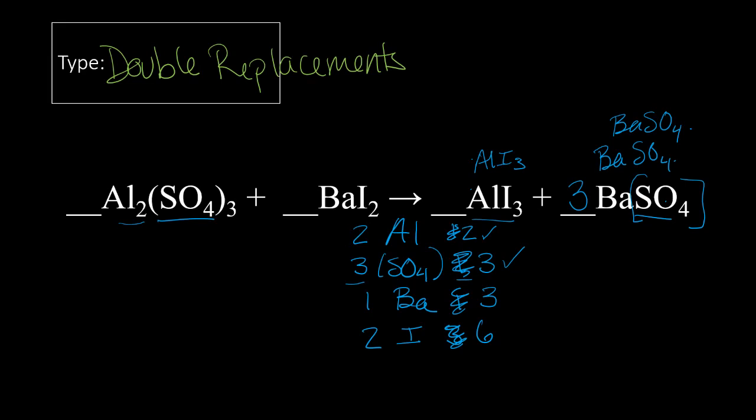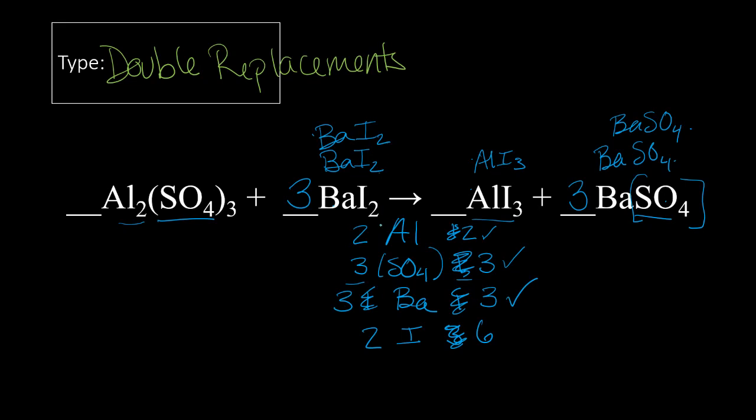little off. Well, my barium and my iodine are partners on the left, and that's where I need to add some more. I actually need 3 of these things, right? When I have 3 of these, I have 1, 2, 3 bariums to match the 3 bariums I have on the right.